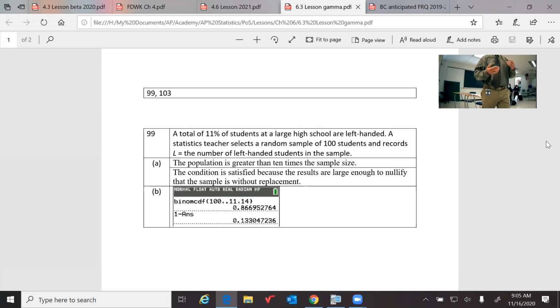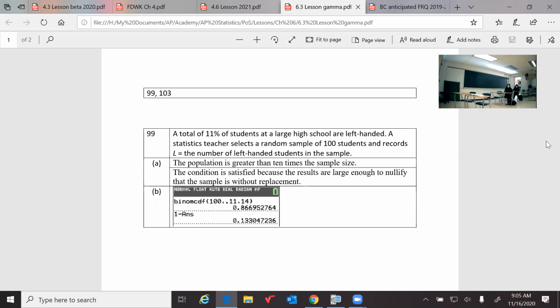So for 99, first thing is, can we do this? Well, the population is greater than 10 times the sample size, meaning what? It says a large high school. So you're assuming a large high school has more than 1,000 children. Make sense? So if your sample size is 100, it's less than 10% of the population.